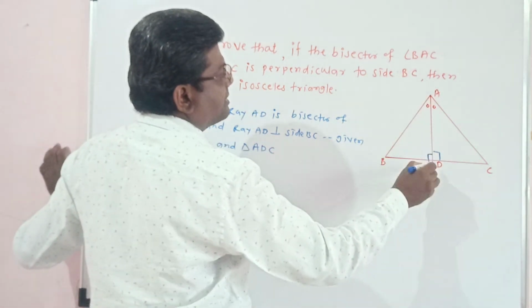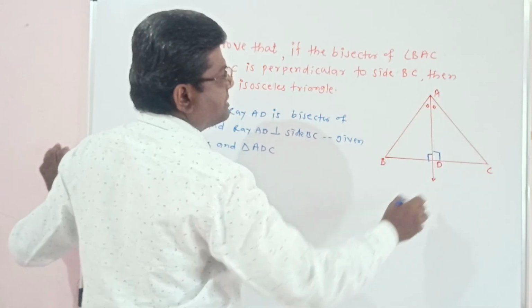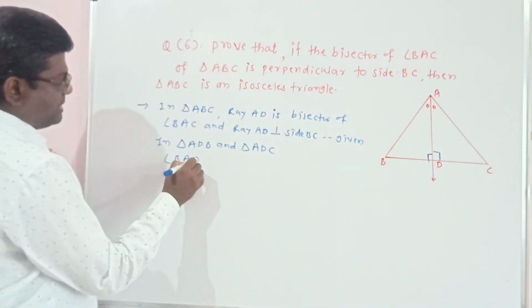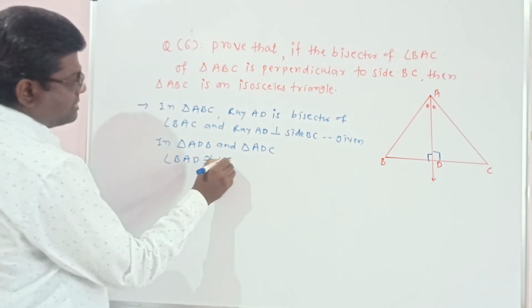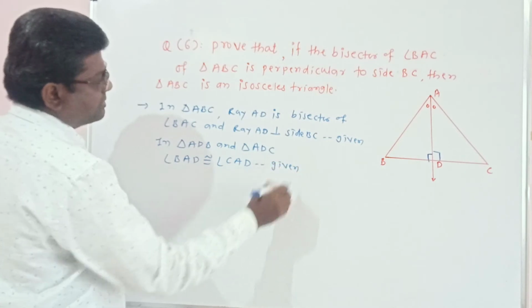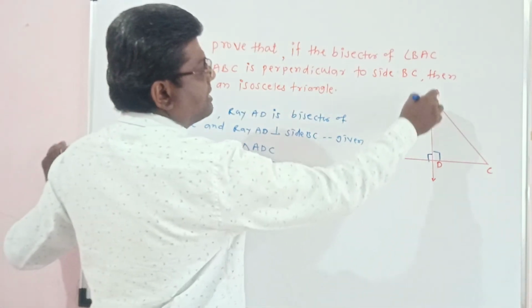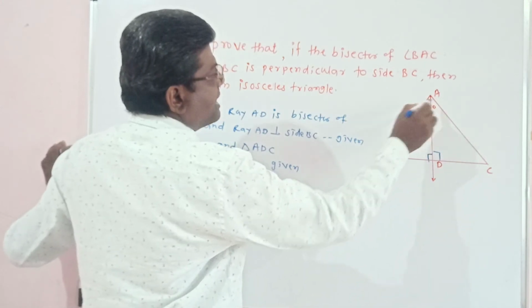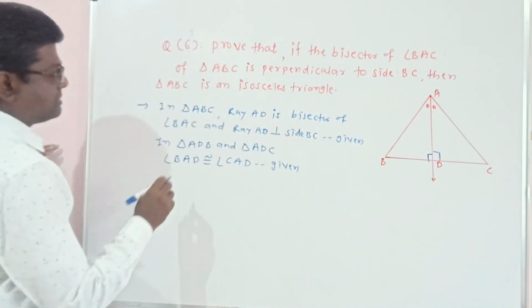angle BAD congruent angle CAD. It is given because ray AD bisects angle BAC. Therefore, these two angles are congruent.